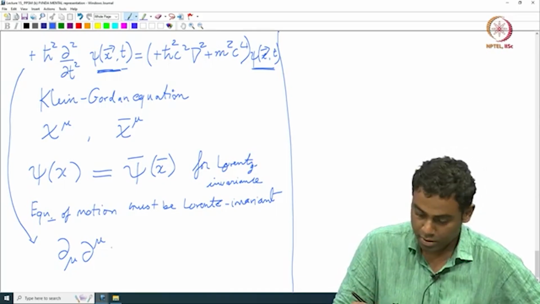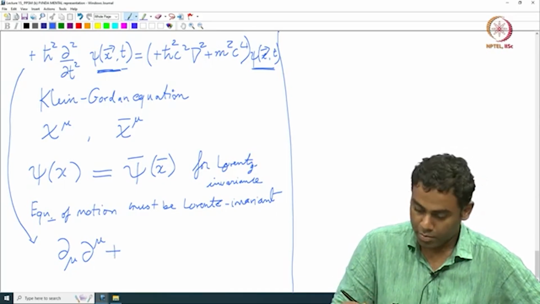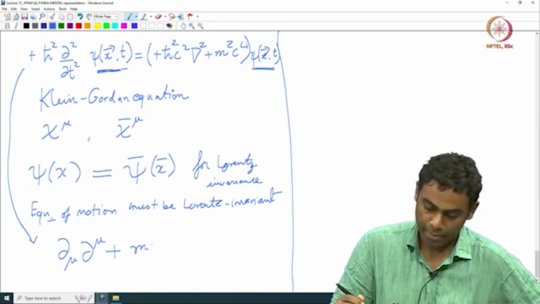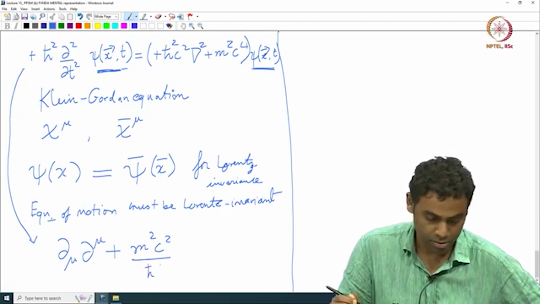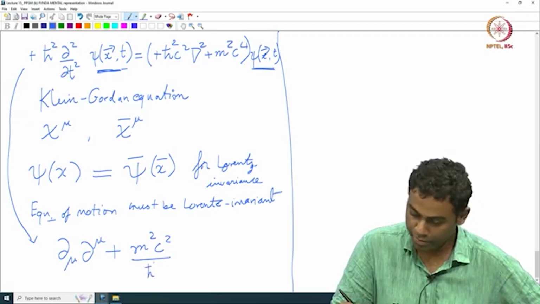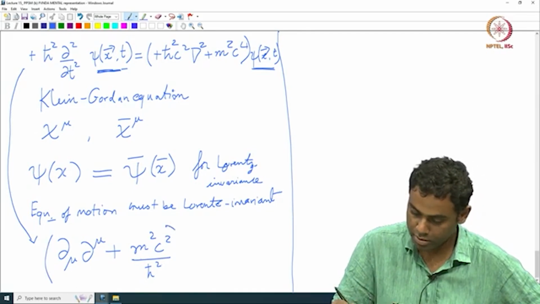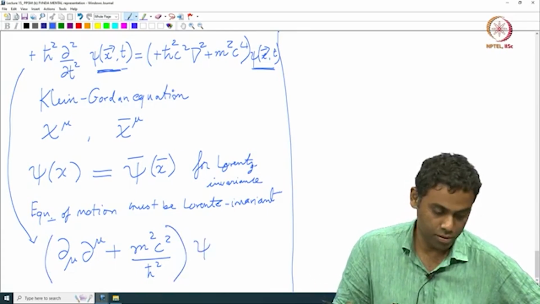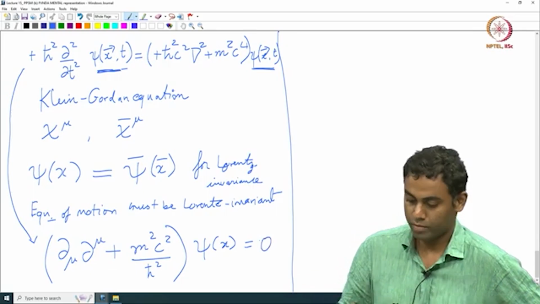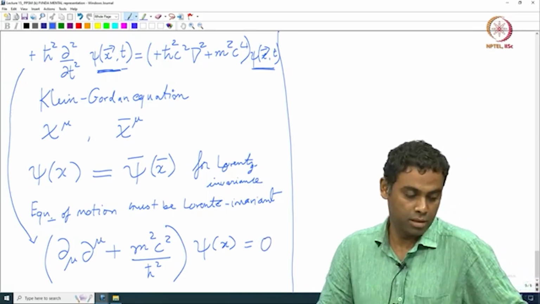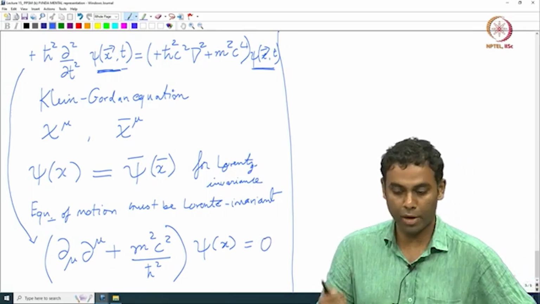It is this plus m squared c squared. Now, I am going to put the h bar downstairs, okay, and this acting on psi of x is 0.